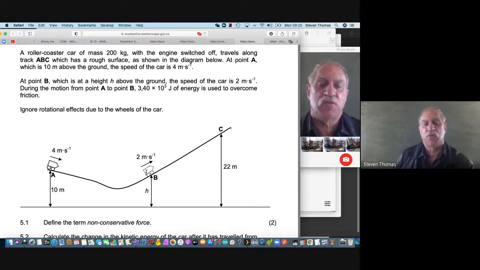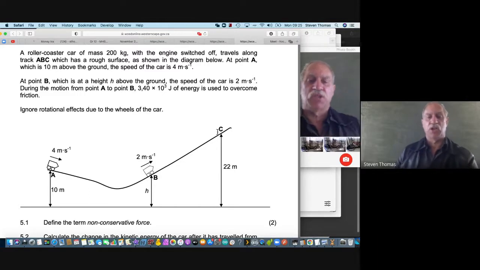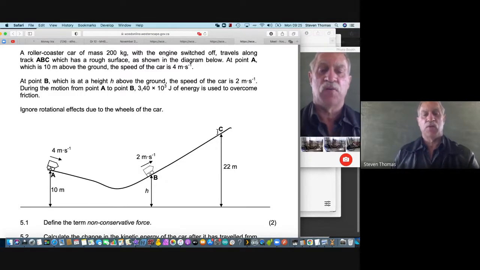So there's going to be work done in overcoming gravity. We've got the change in potential energy. So the only things that we have to worry about are friction and change of potential energy. And then there's applied work. All of those are going to be part of our net work.